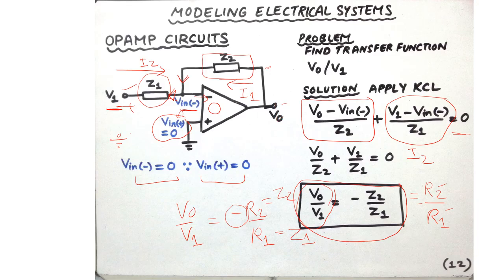In that case, this whole thing is added to 1 without having another stage connected to this circuit. So anyway, in this case, V naught can be made multiple times higher or lower than V1 simply by adjusting the values of resistance R1 and R2.